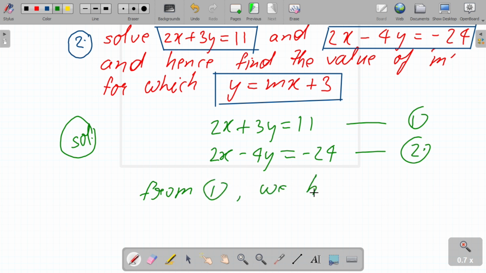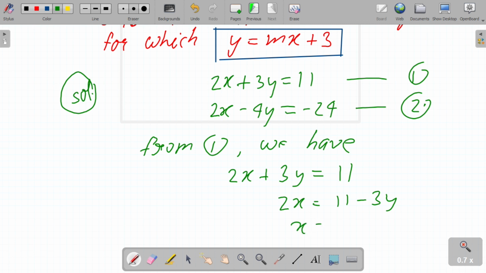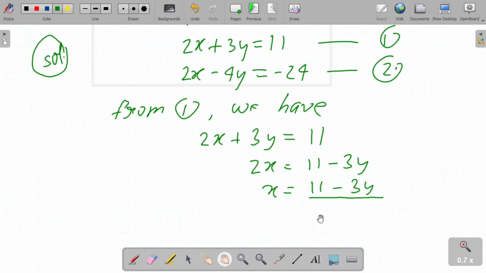From first, we have 2x plus 3y equals 11. Now what will be the value of x? Clearly 2x will be 11 minus 3y, so x will be 11 minus 3y upon 2.